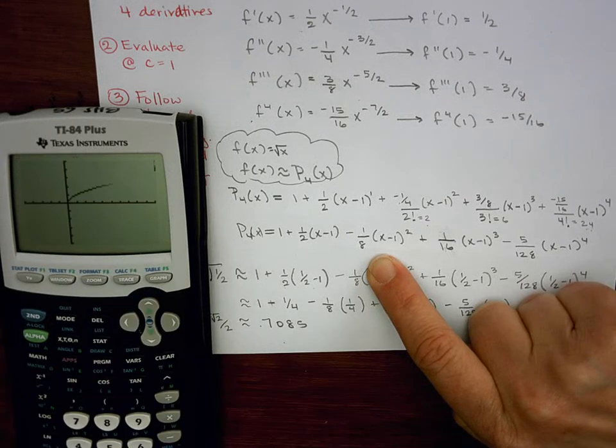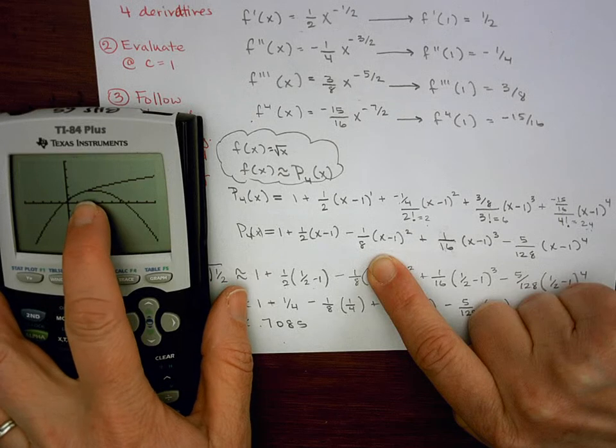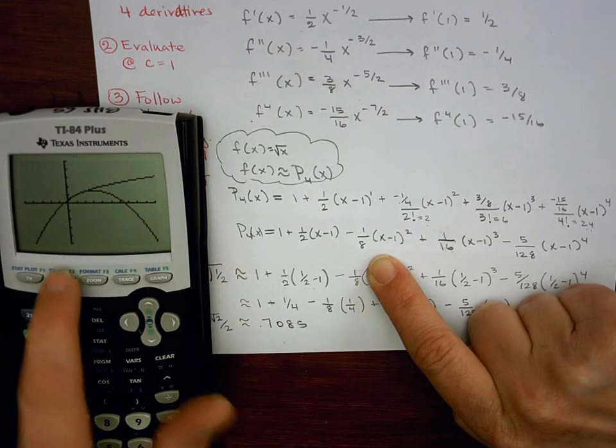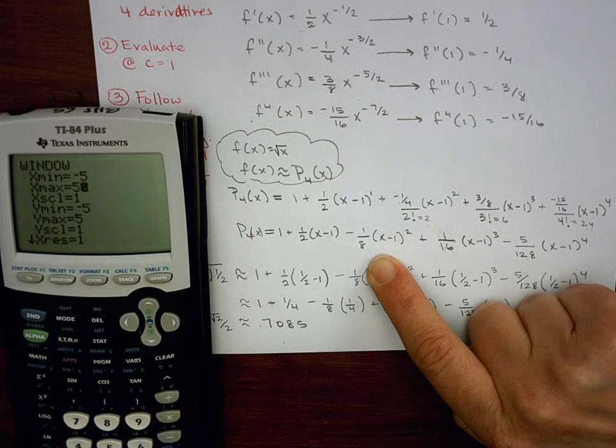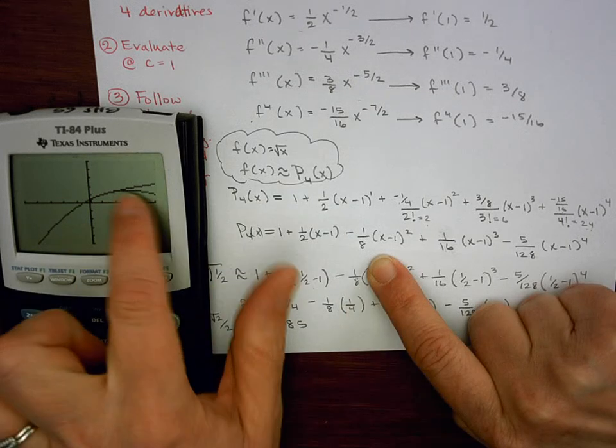And so now does adding one more term make it a little bit better? And so if I look here, there's the parabola approximating the square root function, which looks pretty good to me. I'm going to change my window just a little bit because I don't need to be quite as wide out. And so that is a very good approximation.